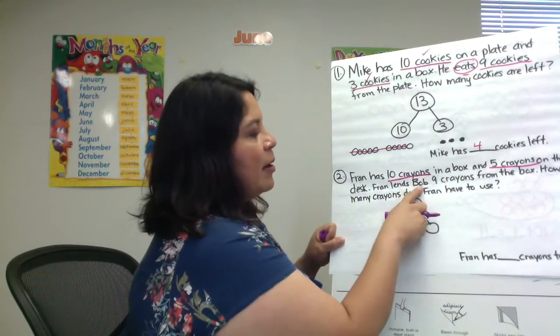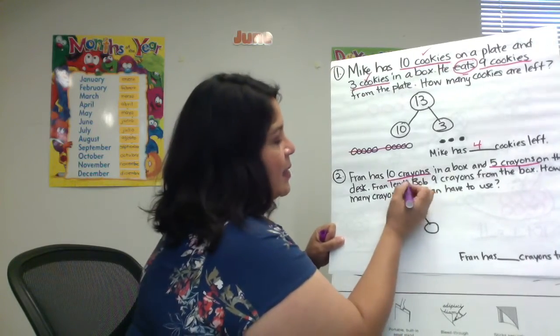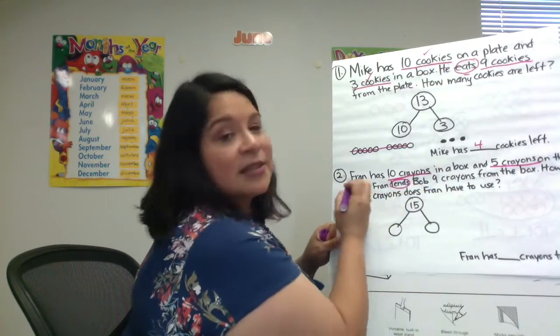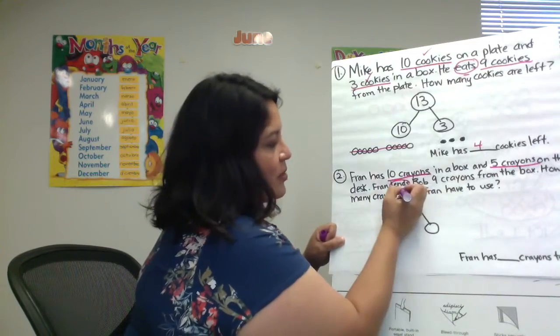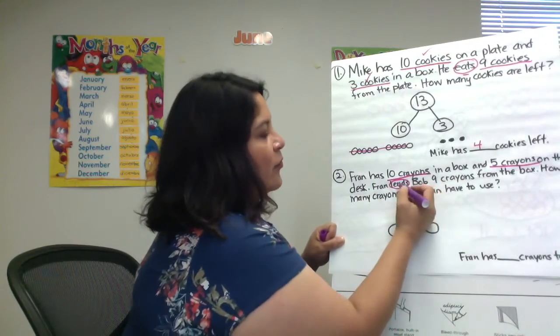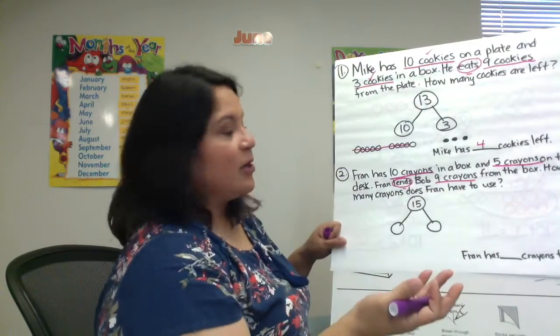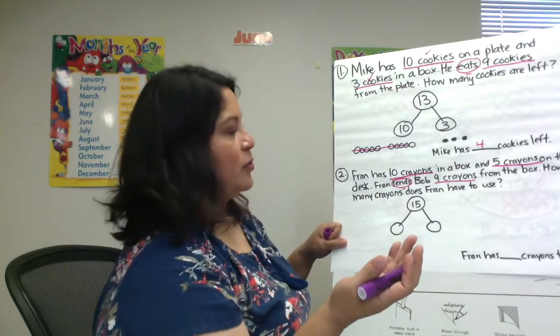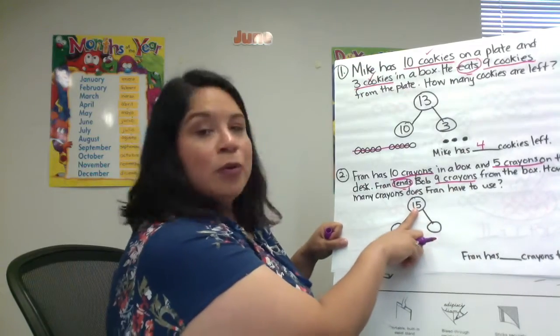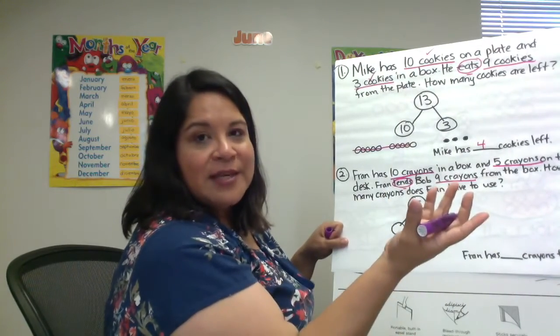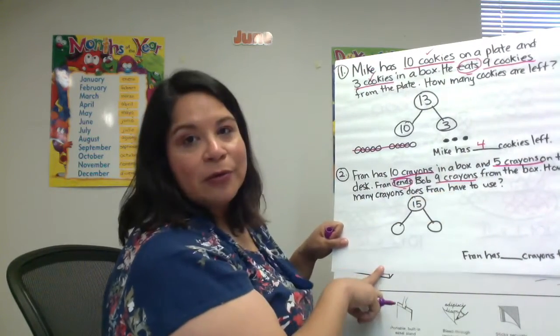Fran lends Bob, so she lent him. So does Fran have it? No, right? So we're subtracting. Fran lends Bob 9 crayons from the box. How many crayons does Fran have to use? Now, you might be saying, where did they get the 15? There's no 15 in the story.